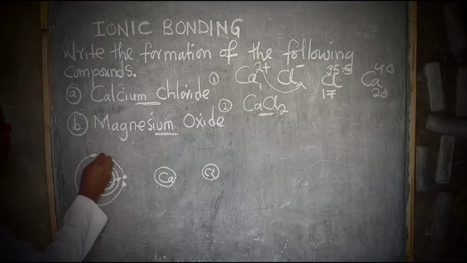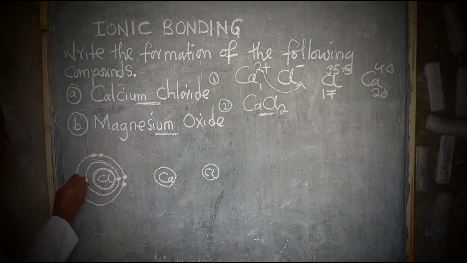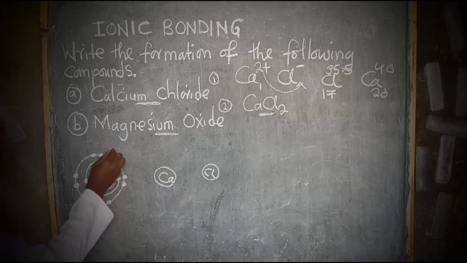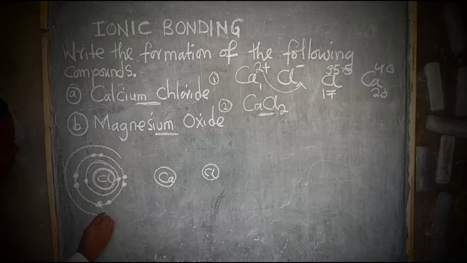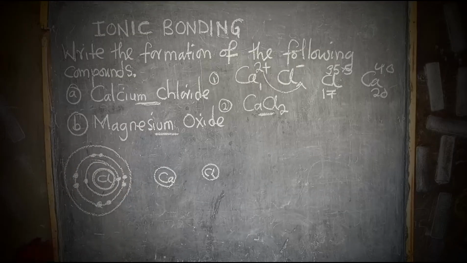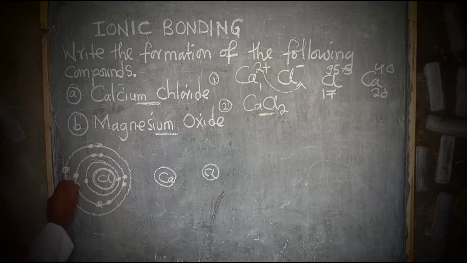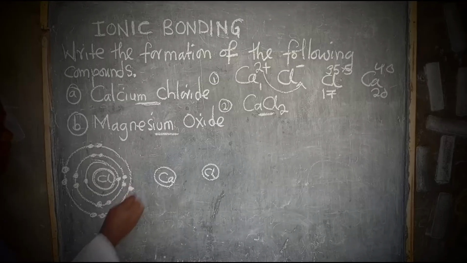For us to reach chemical bonding, it means you know how to draw structural formulas. For chlorine, the last shell has 7, so I'm going to put 2, 4, 6, 7. I put that one there.